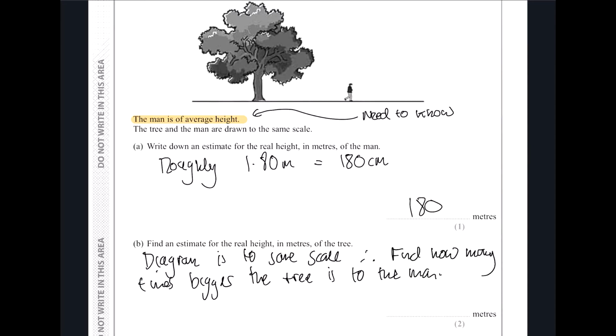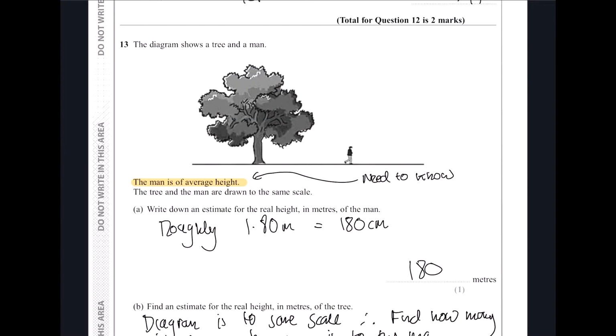So we can just find the scale factor. The man is roughly this tall, and the tree is roughly this tall. Because I don't have a ruler, I'm just going to roughly estimate by using my finger. In my head, that would be around 3 to 4. It looks roughly 3 to 4 times bigger.